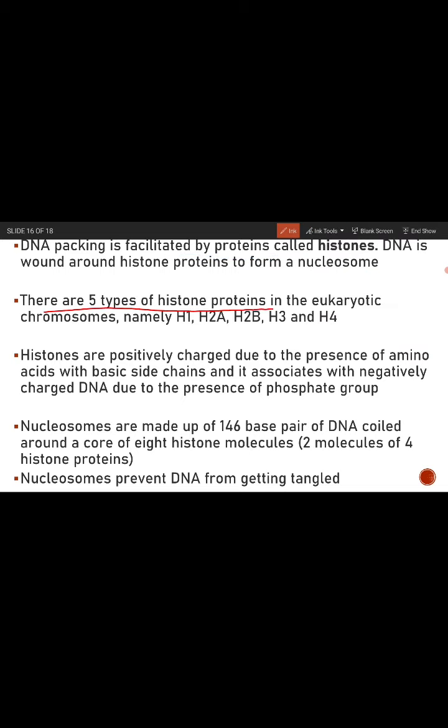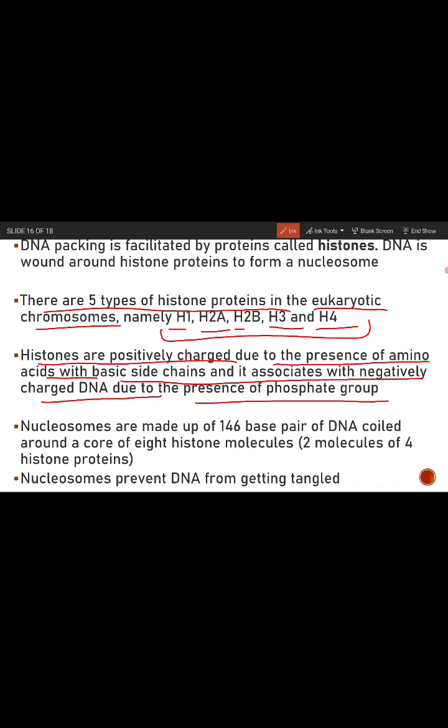Now there are 5 types of histone protein in the eukaryotic chromosome, namely H1, H2A, H2B, H3 and H4. These are the 5 types of histone proteins known, and they form the histone octamer. Histones are positively charged due to the presence of amino acids with basic side chains and are associated with negatively charged DNA due to the presence of phosphate group.